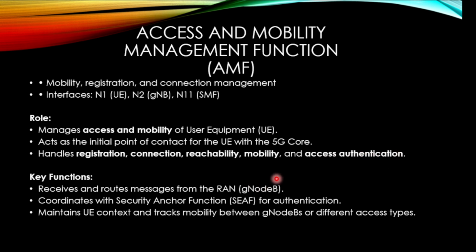So the AMF receives the signaling and the messages from the G node B and sends them back to the internal network, coordinates with security anchor function for authentication, which is what we said moments ago.